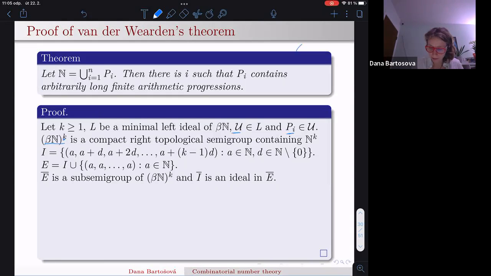We said that if we look at beta of n to k, which would be this Thunderbirds compactification, this is not the same as beta n to k. But it is still a compactification. So I still have n to k in here with a dense image. It's just not the maximal compactification, but it is the one that serves our purpose.